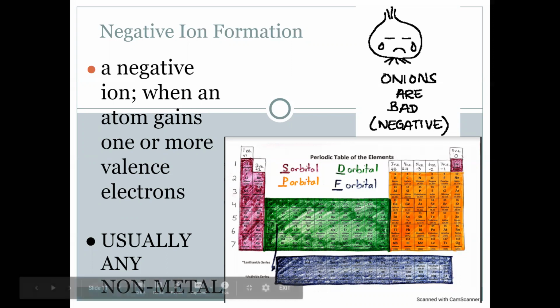Usually nonmetals are going to be anions, or negative ions, but not always. Hydrogen is a nonmetal but is a positive ion, so hydrogen is going to be your exception to that rule as well. We call negative ions anions.